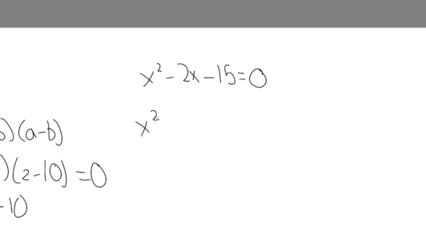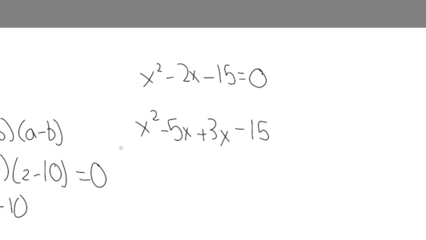Minus 15, and we will substitute two factors in for here. So the two values that multiply to negative 15 and add to negative 2 are negative 5x and then positive 3x. And we can do a bit of factor by grouping.